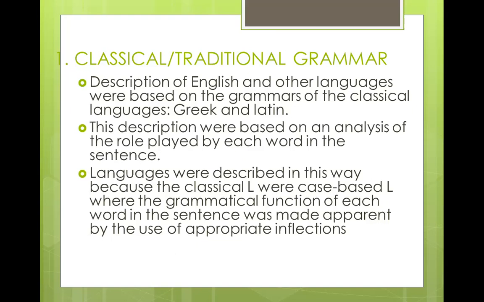Languages were described in this way because the classical languages were case-based languages, where the grammatical function of each word in the sentence was made apparent by the use of appropriate inflections.